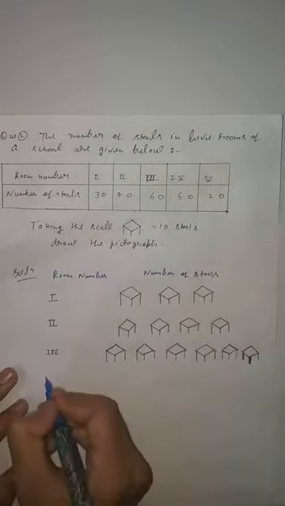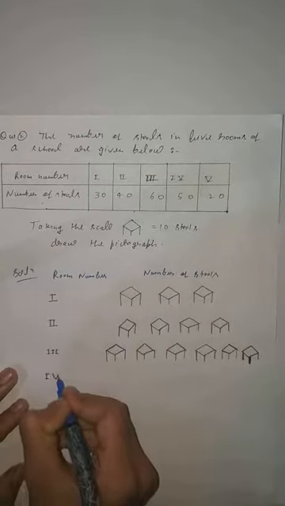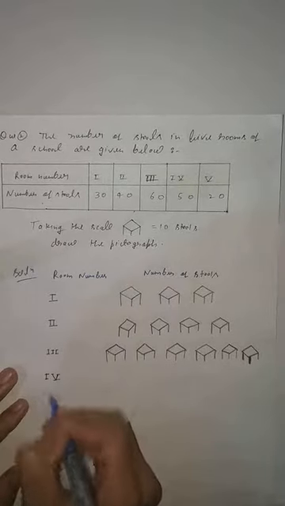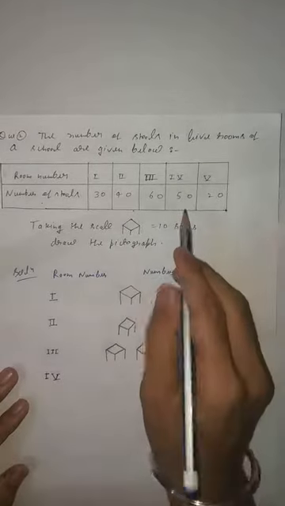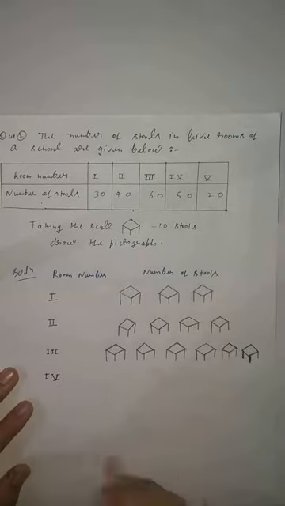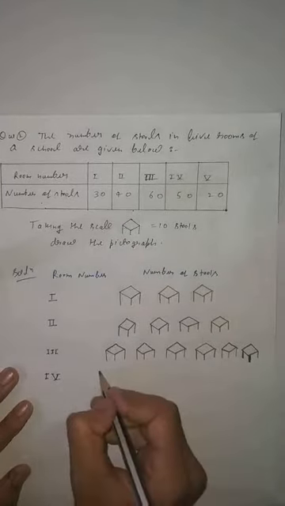Now in room 4 you have to come. Room 4. How many are given in room 4? 50. So how many will you draw? You will draw 5. Simply 5 you will draw.